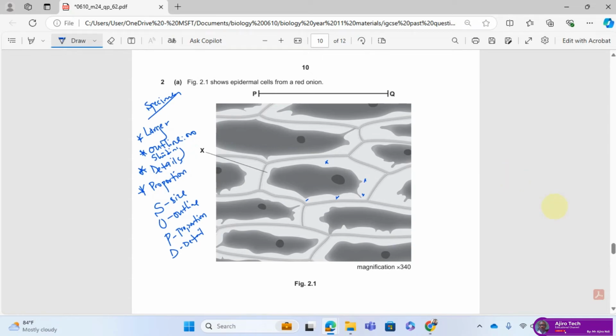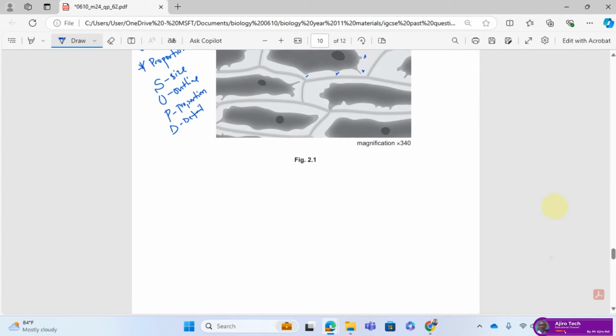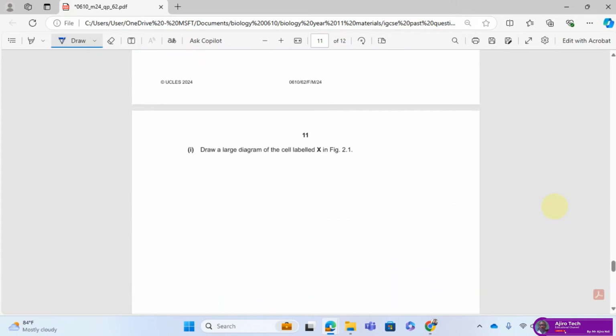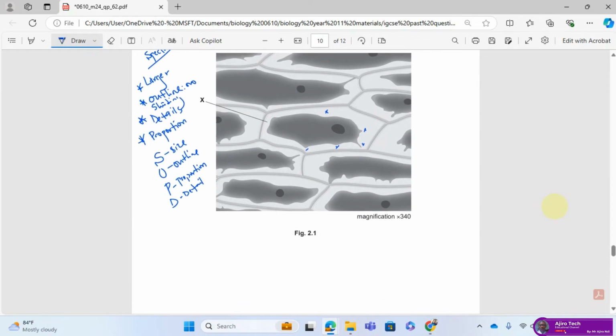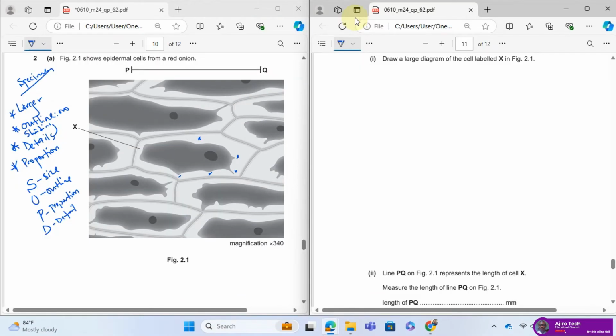Now in making your drawing, let's do a sketch of what we have. Remember, the size of the drawing must be bigger than what you have. Let me just make a free sketch. In solving question 2, like I told us, we need to take note of these 4 principles: the size, the outline of your drawing, the proportion, and of course the essential details.